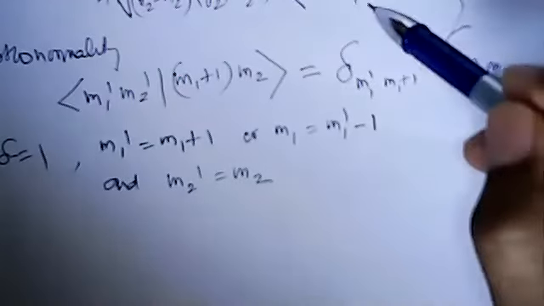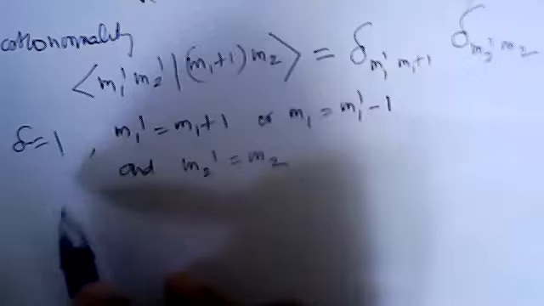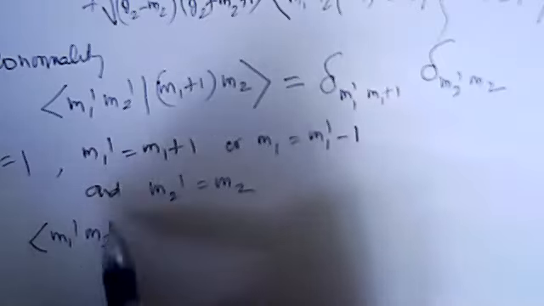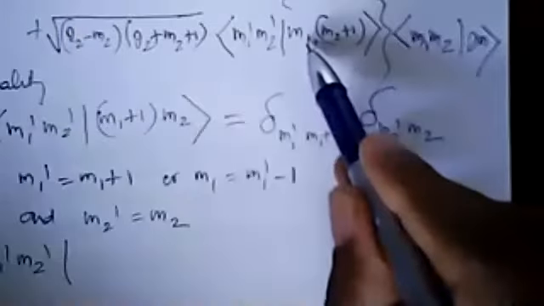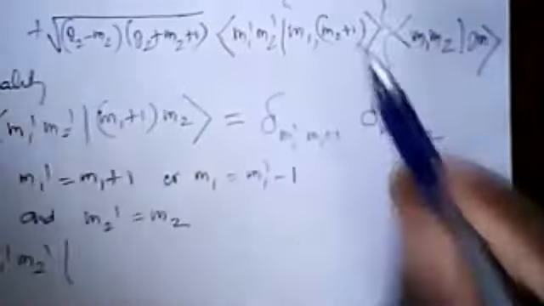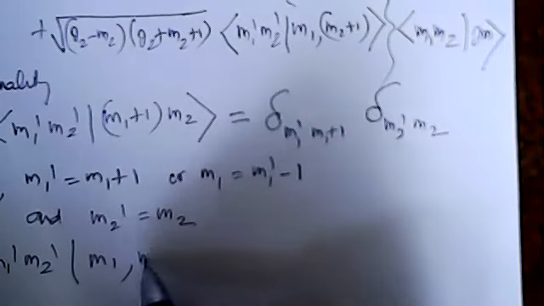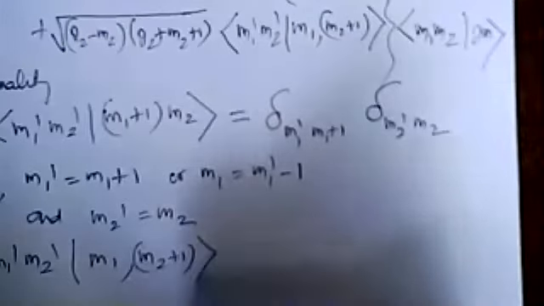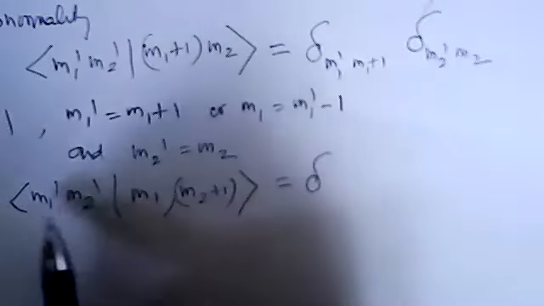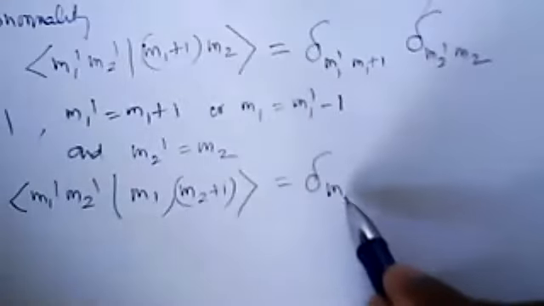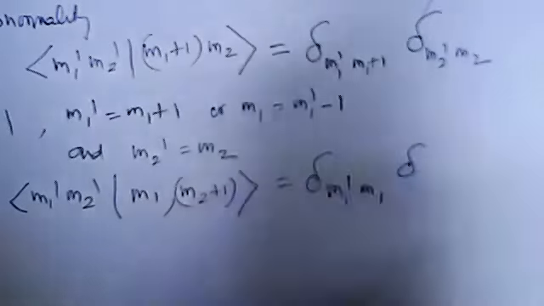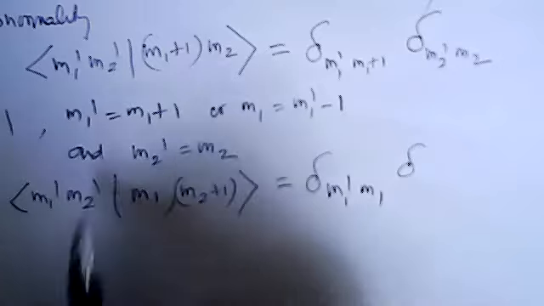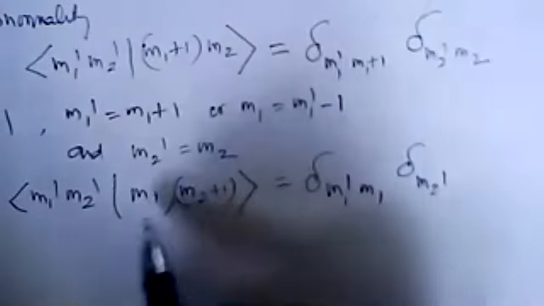Now take the next scalar product, ⟨m1' m2'|, next one also ⟨m1' m2'|, then |m1, m2 plus 1⟩. This can be written as the Kronecker delta of m1' and m1, then the Kronecker delta of m2' and m2 plus 1.